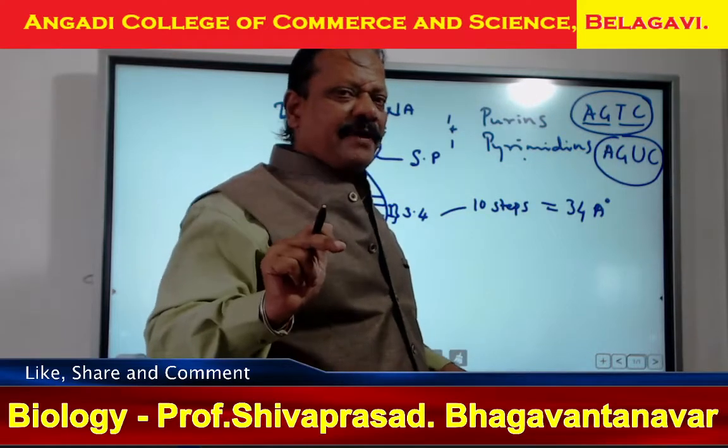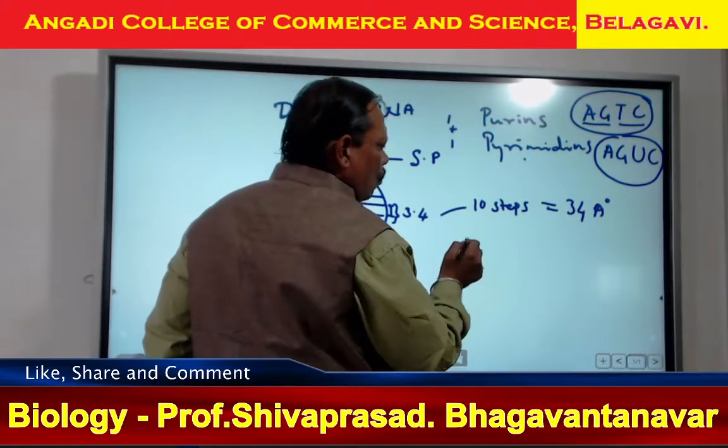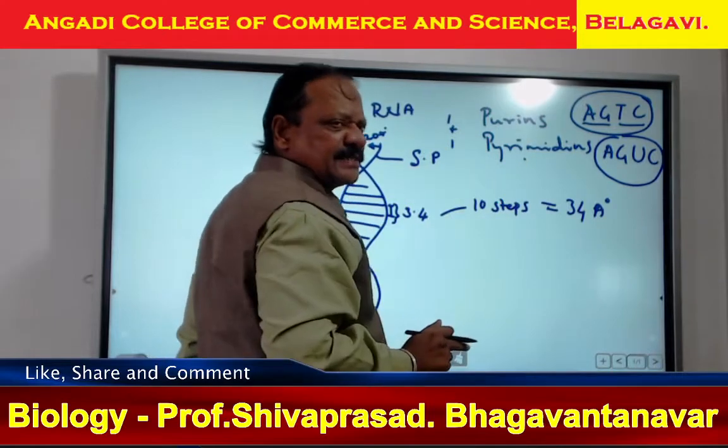And for one base pair to form, one purine and one pyrimidine are required.